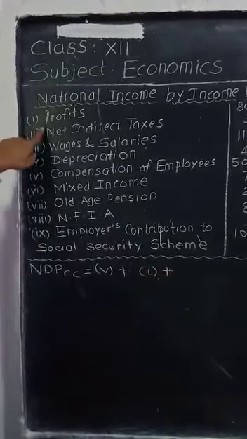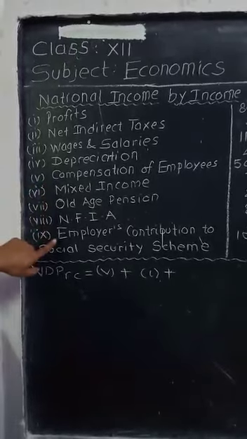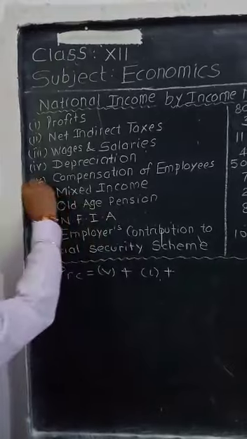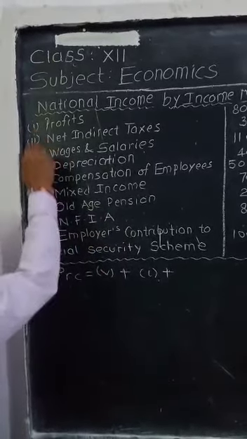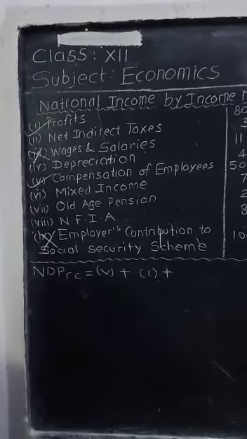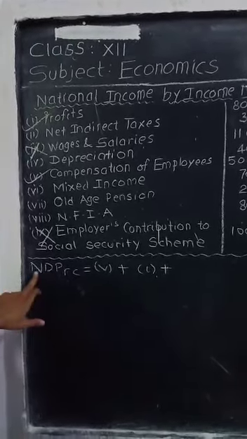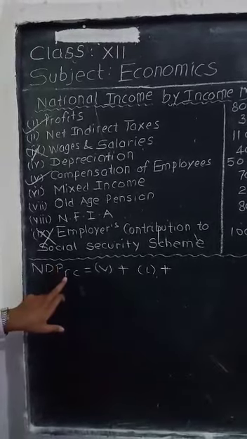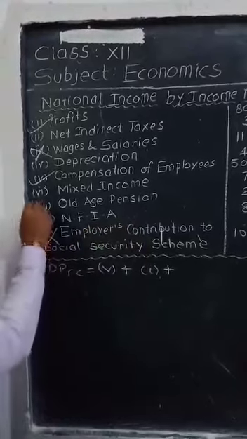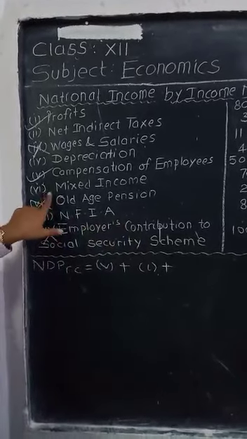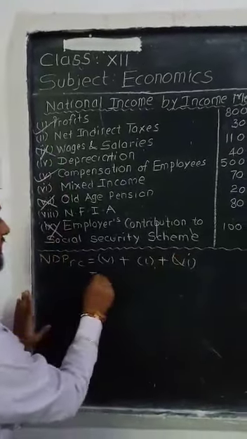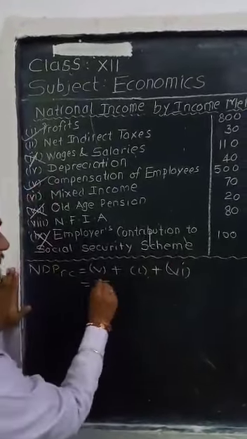Employer's contribution will not be used, because compensation of employees has been taken. While doing the numerical at home you can use this method. So, calculate NDP at FC. Old age pension will never be added because it is not a factor income. Then the 6th point, mixed income. These 3 points you first have to add. So what is the value of the 5th point? This is 500.